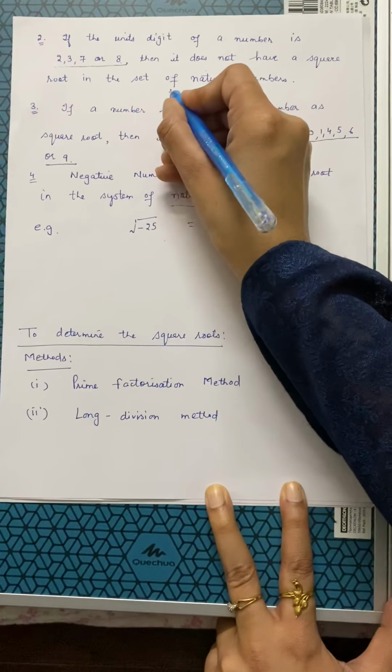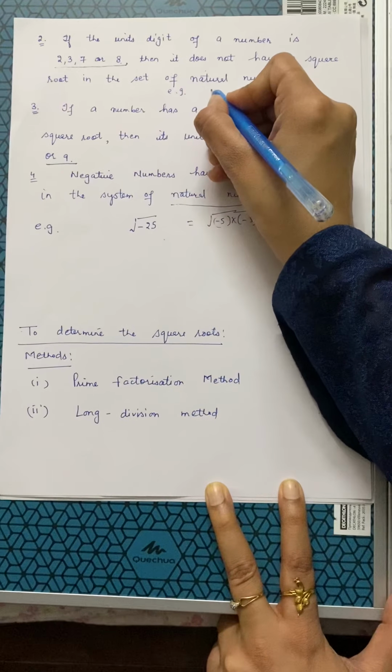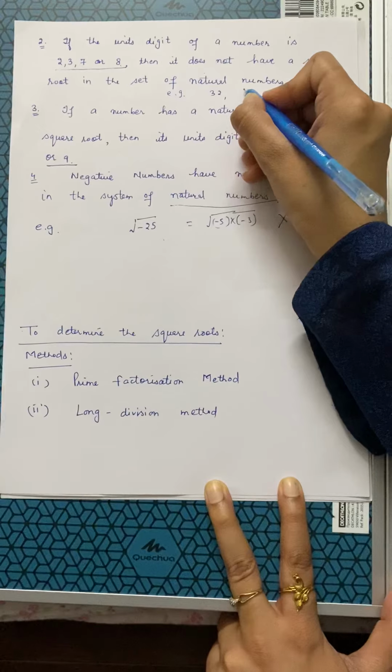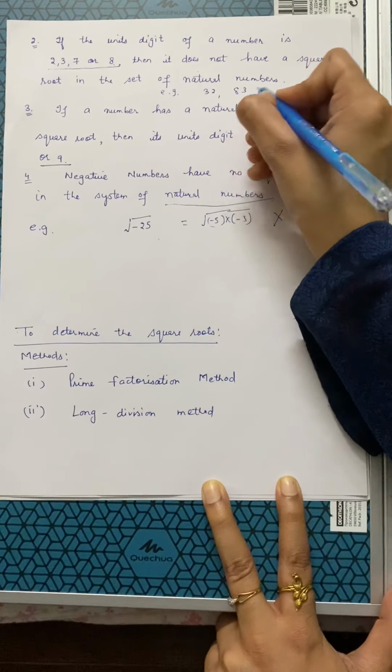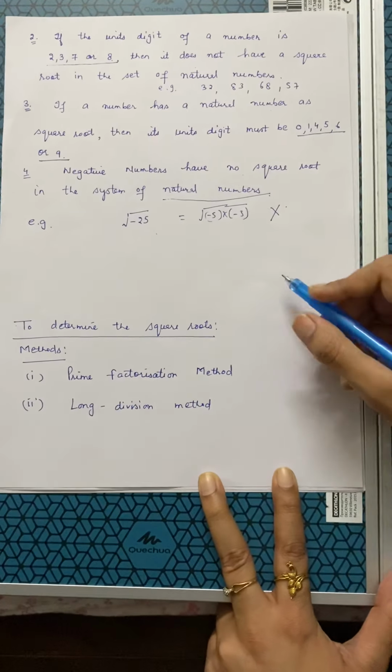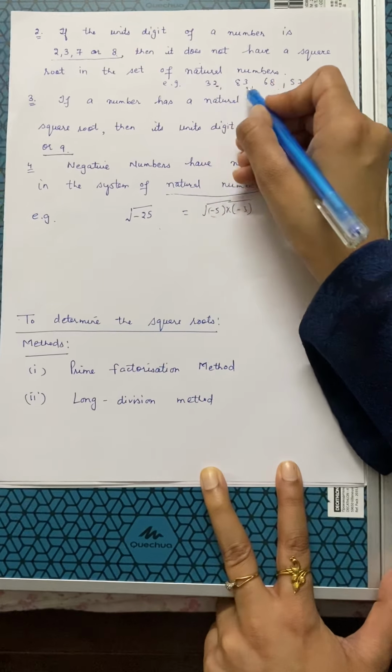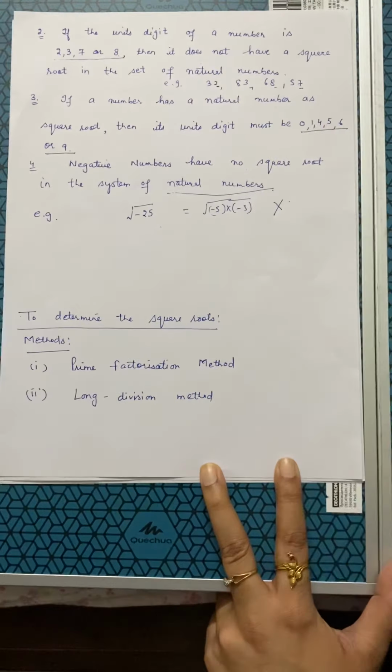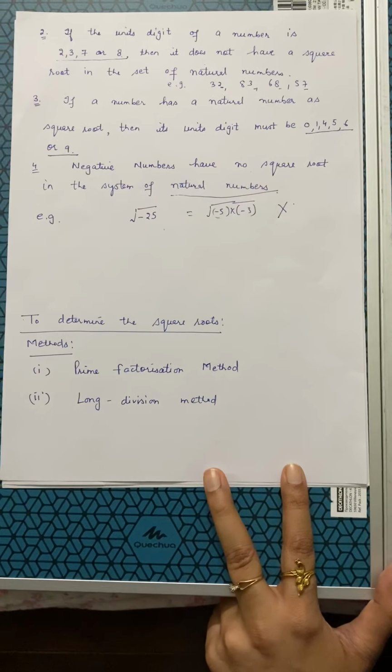For example, the numbers 32, 83, 68, 57. All these numbers end with 2, 3, 8 and 7. They are never perfect squares.